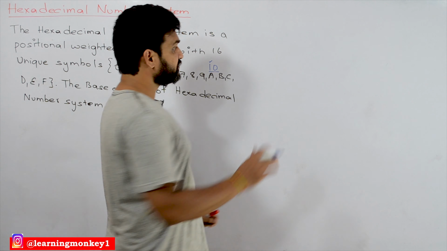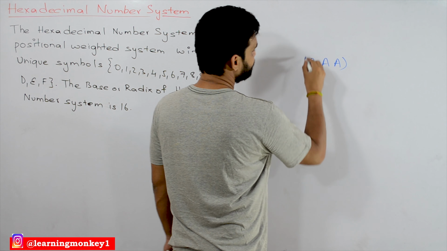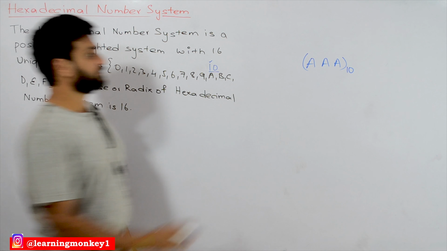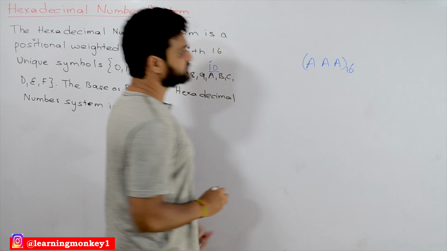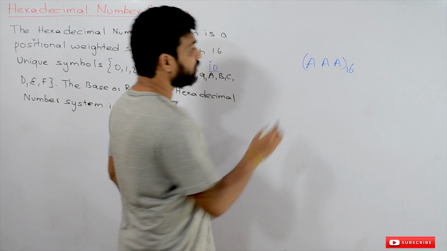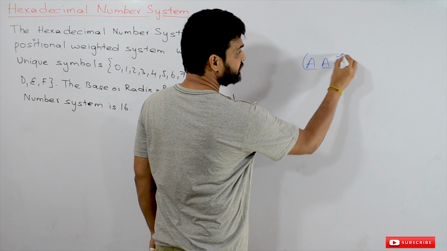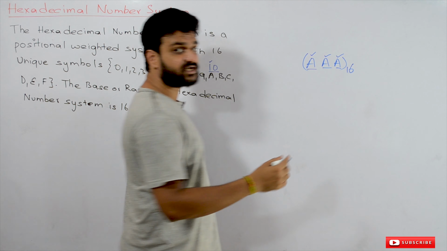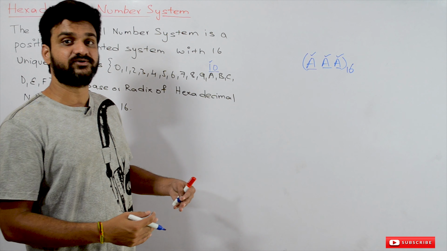For example, if you consider a number with A in the hexadecimal number system, which is represented with a base of 16, all these are the same symbol, but the value of this A is different from the value of this A, and different from the remaining A's. So every A is different with respect to its value.